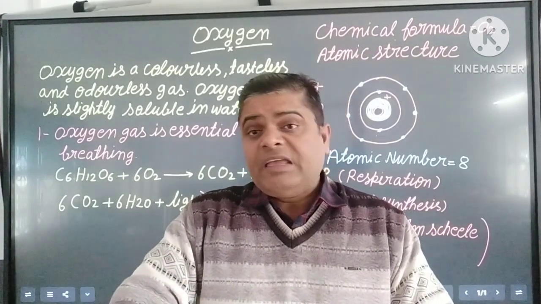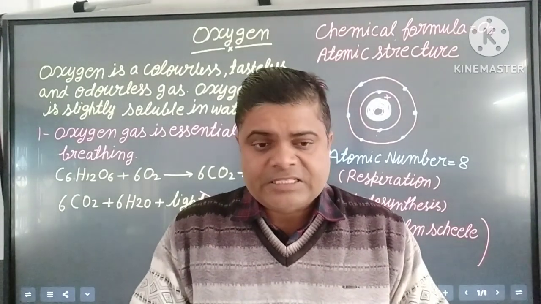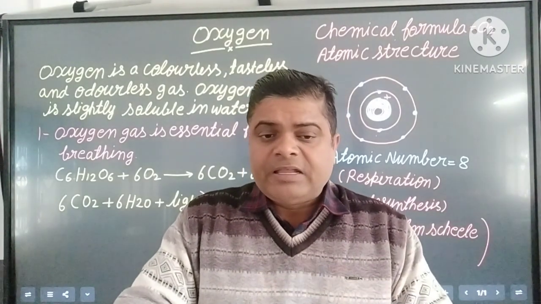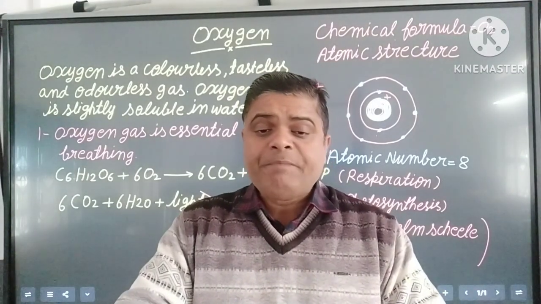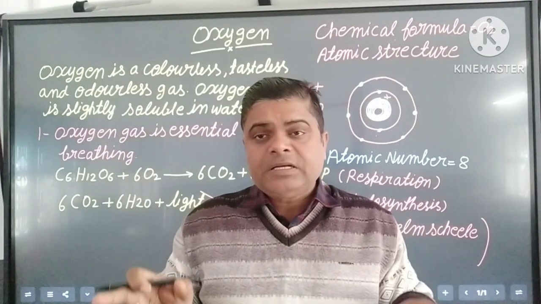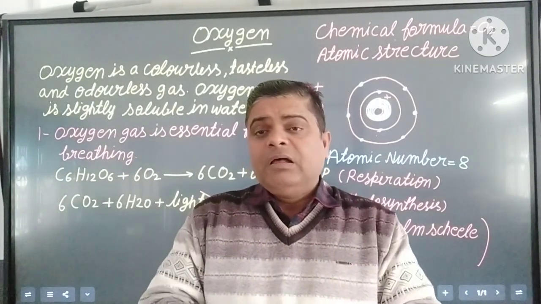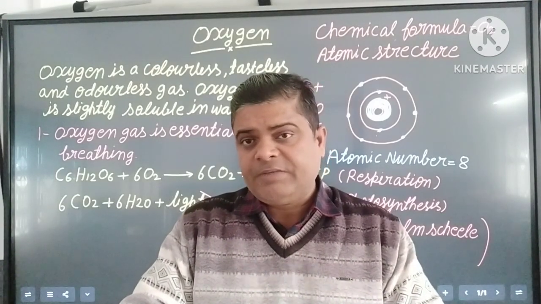So students, when a patient is suffering from a disease like asthma, they sometimes have difficulty in breathing properly in air, because only 1/5 part of air is oxygen. Total 100%, in the 100%, nitrogen is 78%. How much nitrogen? 78%.